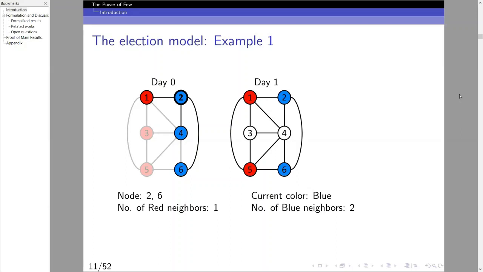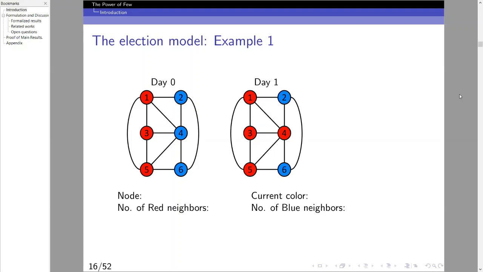The same for 6. Now for 3, we have 2 reds and 1 blue neighbor. So by majority again, it'll be red. And now we have 4. We have 3 red and 2 blue neighbors. So it'll be red. That's the coloring for day 1.